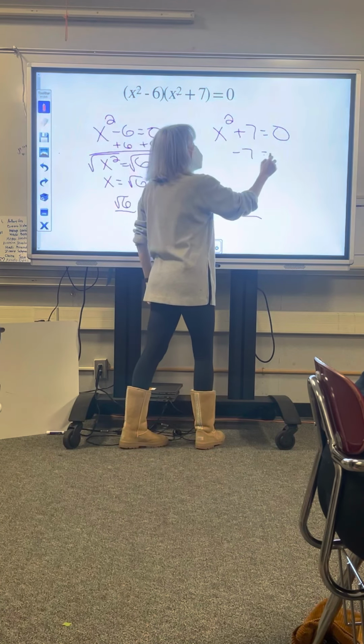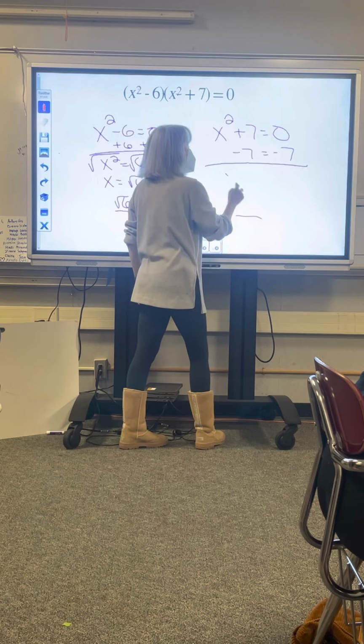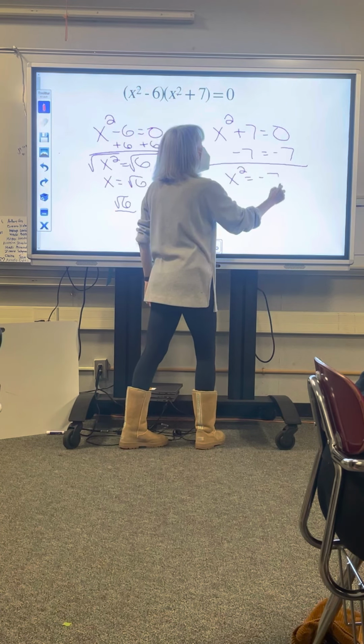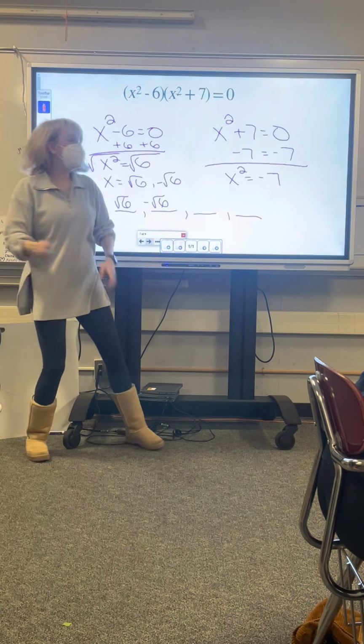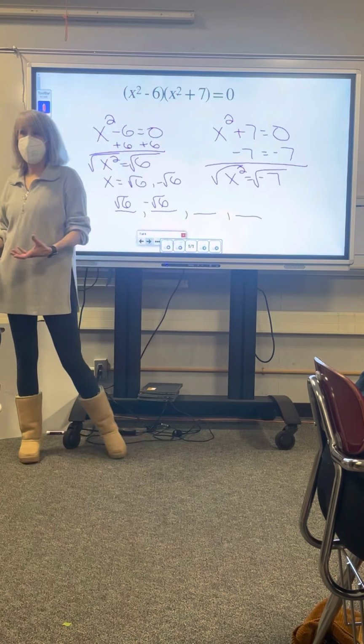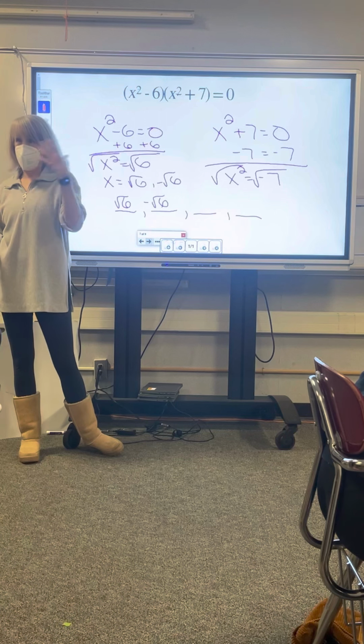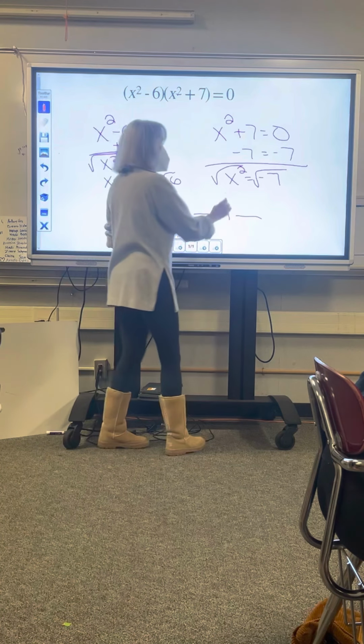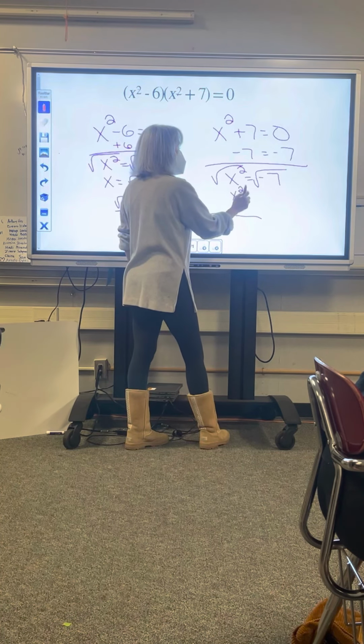Moving the 7 over. Here's where it gets a little dicey. x squared equals negative 7. I'm still going to do my square root jail, but all of a sudden I realize it's not really appropriate to put crazy people in jail, right? So what I have to do, he's got an imaginary friend.